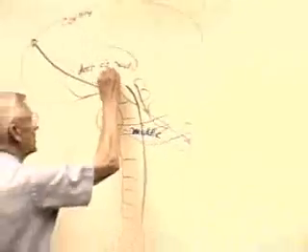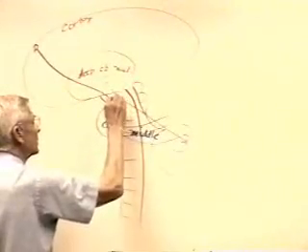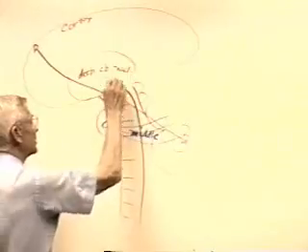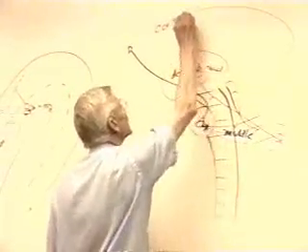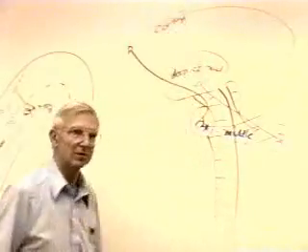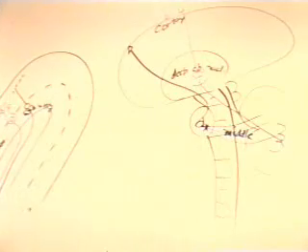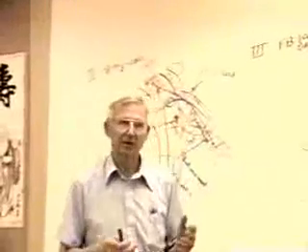So we have the dentate, out, VL, the collateral to the red nucleus, and from VL up to areas 4 to 6 of cerebral cortex. So we've completed a circuit.